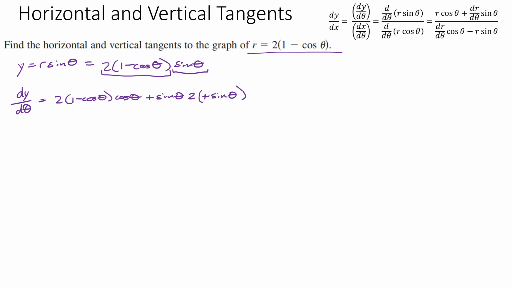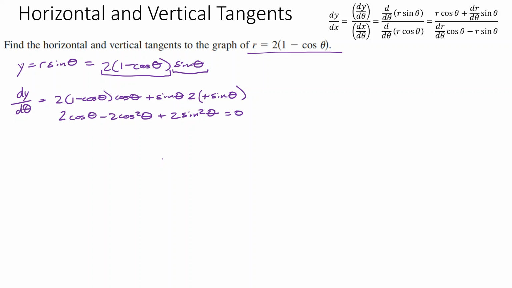All right, so if we simplify this guy, let's see, we're getting 2 times each of those, then times cosine. So 2 cosine of theta. Then this is going to be minus 2 cosine squared theta plus 2 sine squared theta. And we want to know, where does that equal 0?